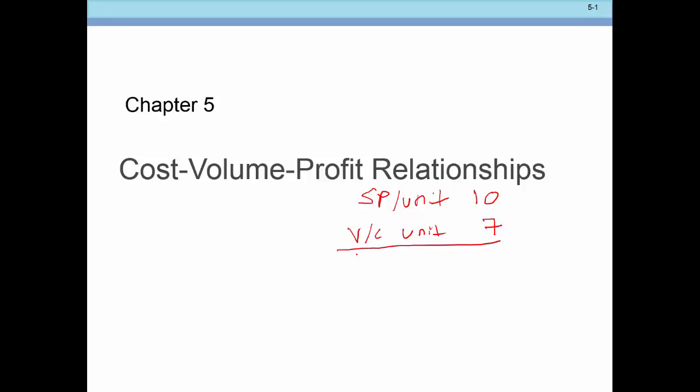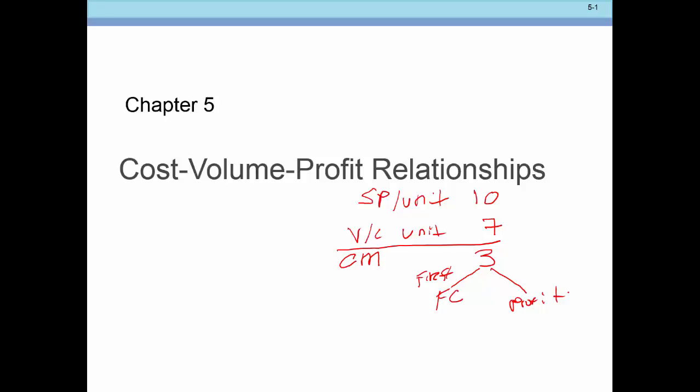So we're going to end up with a contribution margin per unit here of what? $3. And that contribution margin per unit is first going to have to go to cover my what? Fixed cost. And then if there's anything left over, it's going to go towards my profit. Okay?